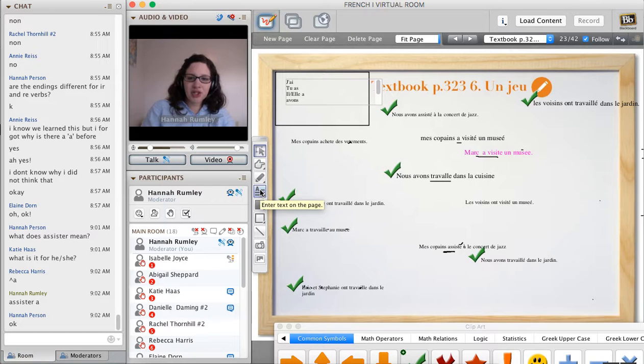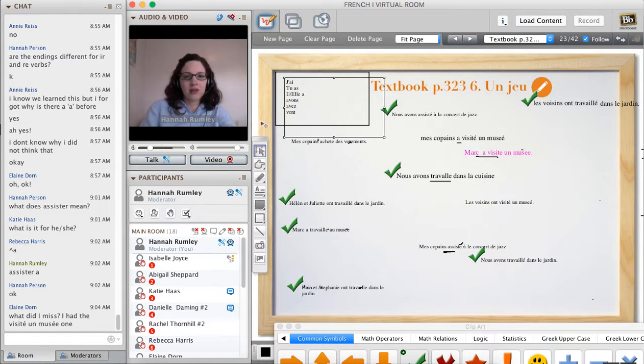Okay, so pay close attention. If there's a line underneath the sentence you've written in, that means something is missing or needs to be fixed. J'ai, tu as, il, elle, a. Good. Not vont. Close. Why is it not letting me write in here? I'm sorry, I'll have to do it again.